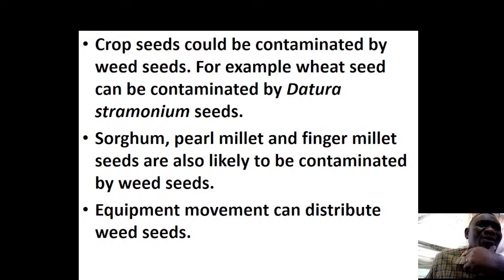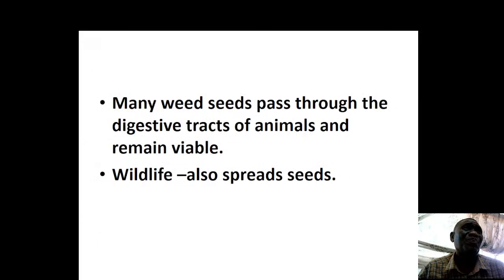Equipment movement can also distribute weed seeds. Many weed seeds can be eaten by animals and pass through the digestive tracts, but still remain viable. If we use cattle manure, we end up distributing these seeds. Also, wildlife spread these seeds. So this is how they can come into the weed seed bank.